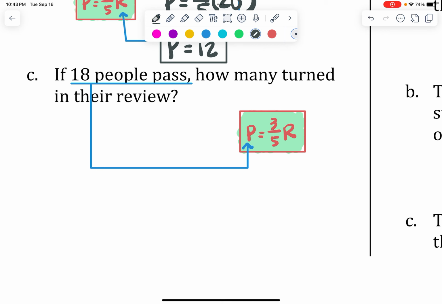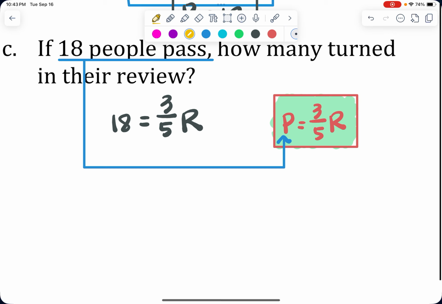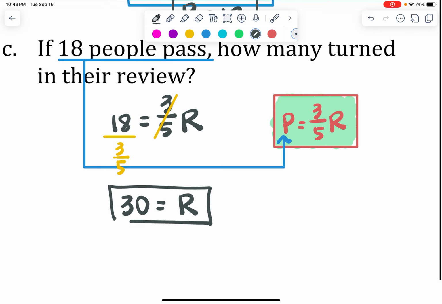So when I rewrite that equation, I'm going to put the 18 in for P, and now I'm going to solve for the R. Again, it's always harder to solve for the X than the Y because I need to get rid of this 3/5 multiplier, and he's going to become a 3/5 divider over here. Again, use your calculator. It's there for a reason, right? So let's see, 18 divided by 3/5, that's going to be 30. So if 18 kids passed, that means 30 kids turned in their review because 3/5 of 30 is 18. We're just working the problem in reverse.